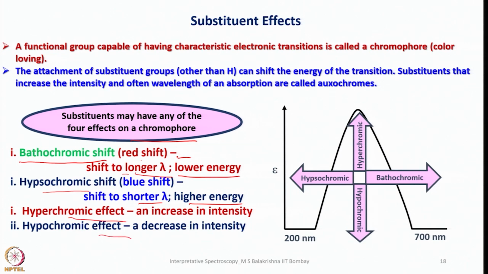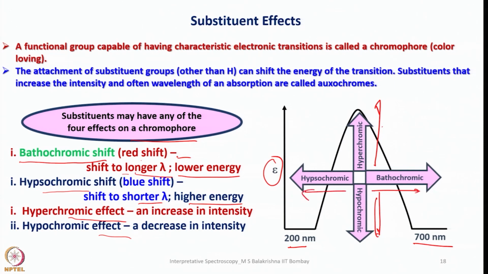So these 4 terms we come across, and these 4 come as a consequence of the influence of substituent on chromophore. You can see here in this plot, here it's 200 nanometer and here 700 nanometer, and this is epsilon value. You can see this is hyperchromic, and this is hypochromic, and this is bathochromic and hypsochromic.